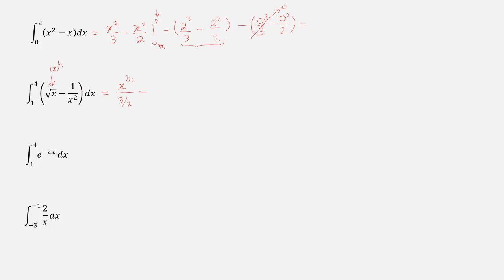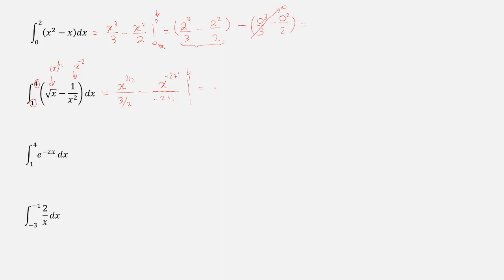Minus, here x is raised to the negative power 2, so we add 1 and divide by the new power, which is minus 2 plus 1, and this is from 1 to 4, coming from the limits of the integration.